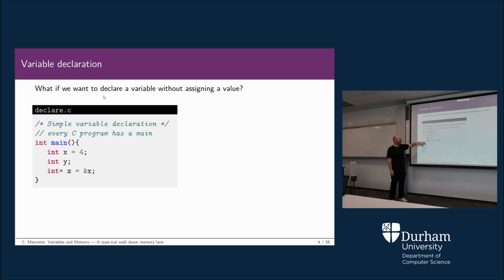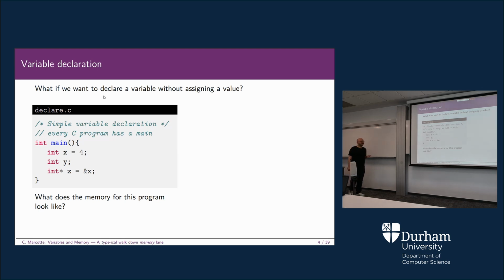And then we assign an integer pointer z to the location of x, or the address of x. We can try to reason about what the memory for this program looks like, in an abstract sense, a mental model of the memory.